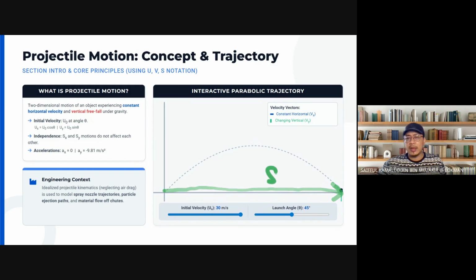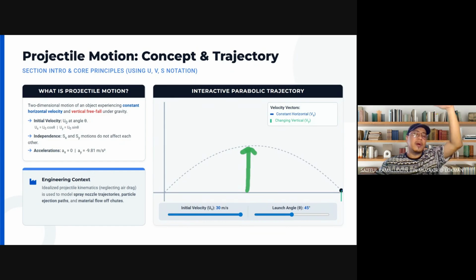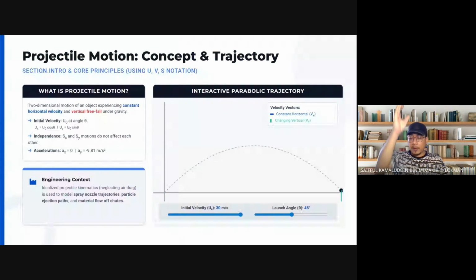And sy can be manipulated to calculate the maximum height the ball could reach. This is sy, up or down, and left to right or right to left is sx.